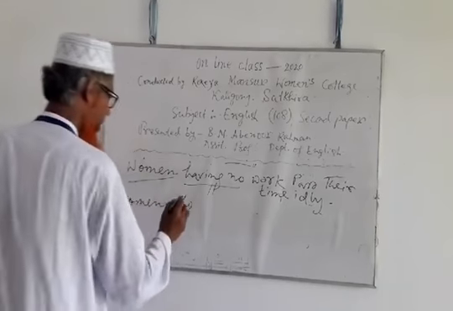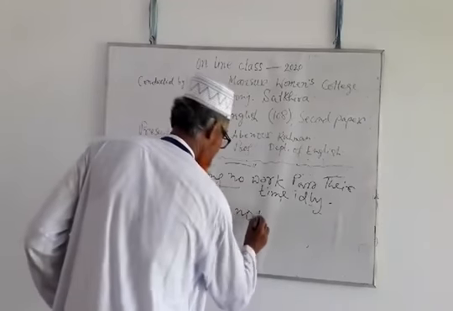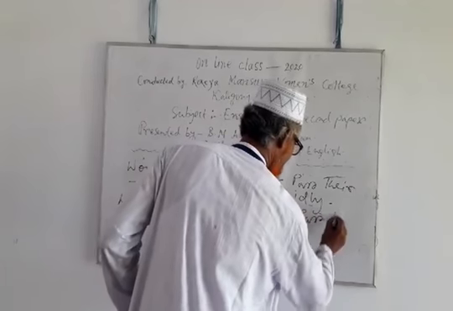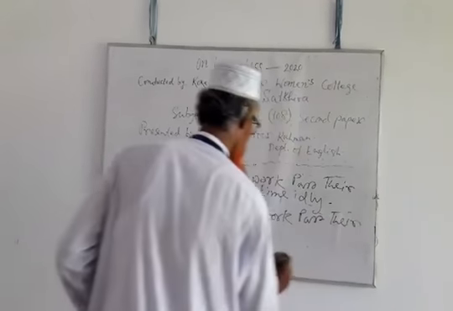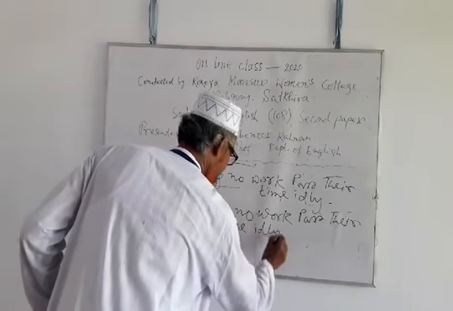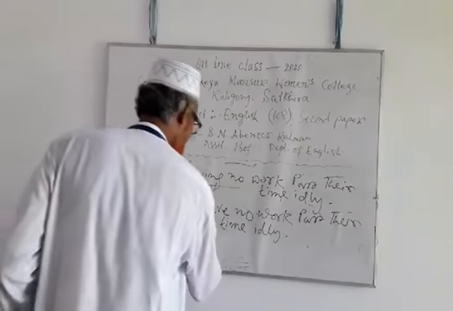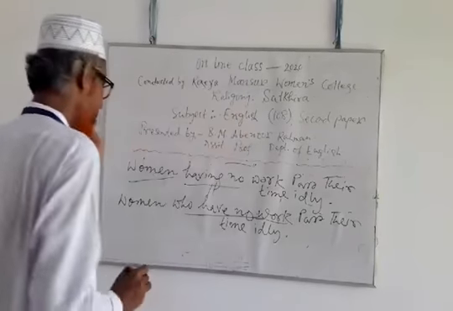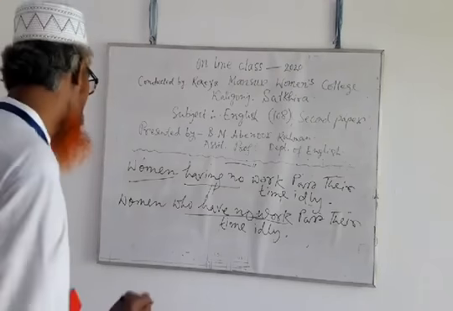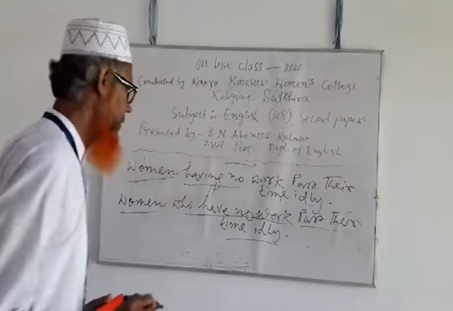who have no work pass their time idly. Here we notice they have no work. It's the subordinate clause of the sentence. Here the main clause is women pass their time idly.